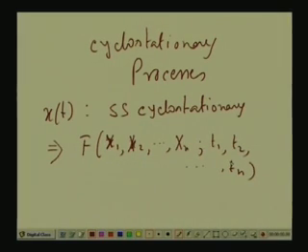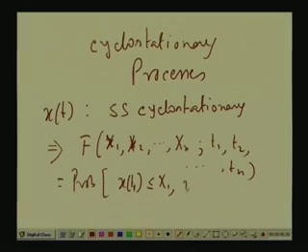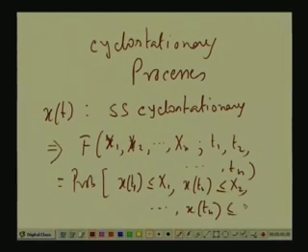This is the joint probability distribution function of any random process x of t. By definition, it is the probability of x at t1 being less than or equal to x1, x at t2 less than or equal to x2, and so on, x at tn less than or equal to capital Xn. This is called the probability distribution, and this number n is the number of sampling points you are choosing.